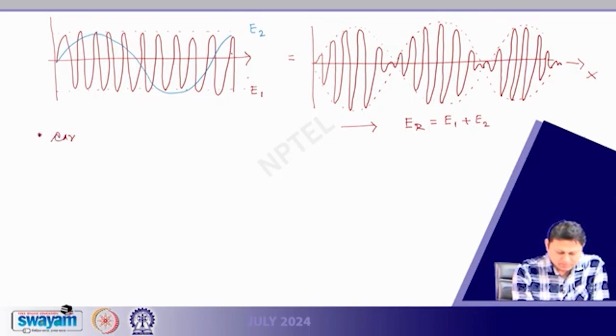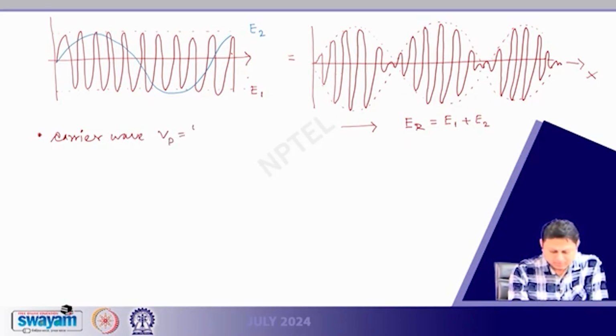So, the carrier wave. For the carrier wave, the velocity, if I define Vp, is omega p divided by Kp, and this is essentially omega 1 plus omega 2 divided by K1 plus K2.